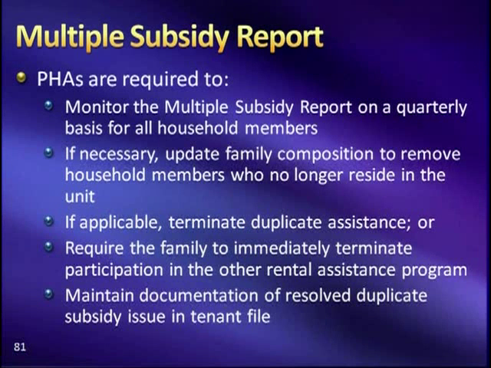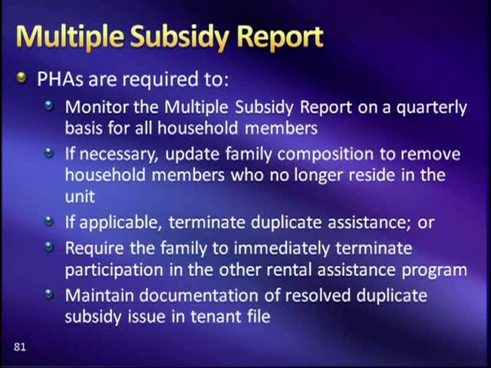Oftentimes you have families where the children grow up and they move out, okay? However, you do need to make sure that you're updating your family composition to remove those household members who leave the household.